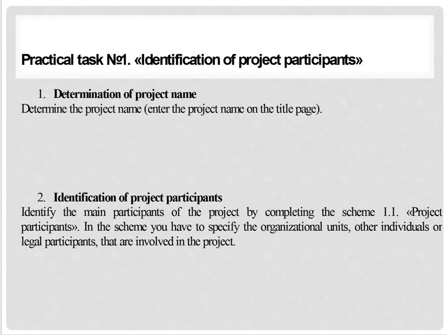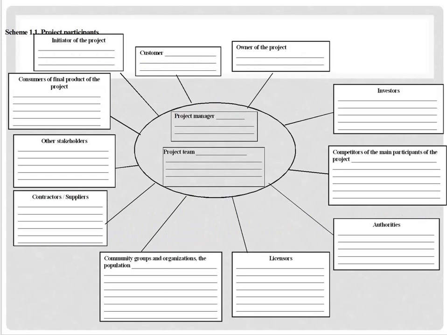Second, you have to identify the project participant. So, identifying the main participants of the project by compiling the scheme 1.1 project participants. In the scheme, you have to specify the organizational units, their individuals or legal participants that are involved in the project.